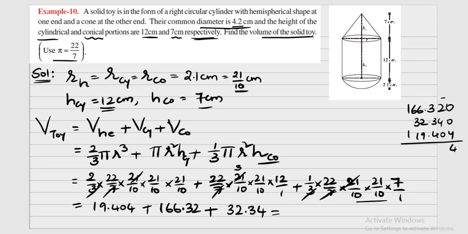When I add all these, here I get 6. Then 4 3 7 plus 2 is 10, so 1 is carried. 9 plus 1 is 10. 10 plus 8 is 18, so 1 is carried again. 6 plus 3 is 9, plus 10 is 11. So 1 is carried. There is no 1 here, so this 1 will be carried here, and this becomes 218.064.